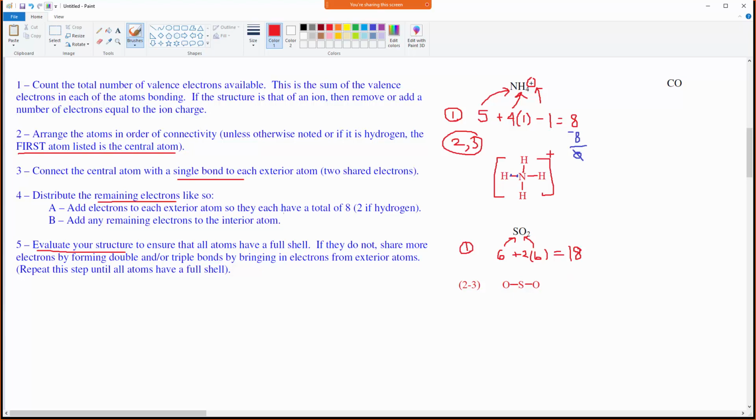Okay, so next we are going to distribute the remaining electrons. And before I distribute them, I need to know how many I have remaining. So how many have I used up here? I've used up 4. I've got 2 single bonds, and they each consist of 2 electrons. So I'm using 4 electrons out of the 18. So how many do I have left?